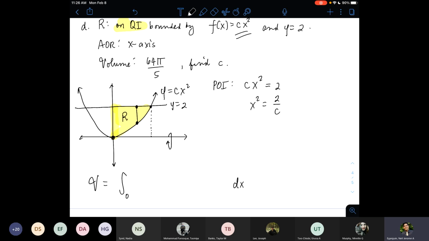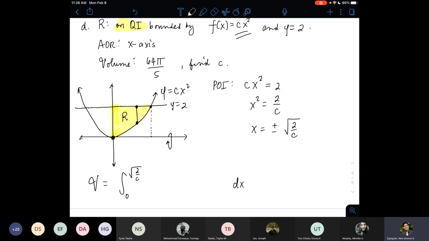That means x is plus or minus root of 2 over c. I'll take the positive root because we are on the first quadrant. So root of 2 over c would be the upper bound for the integral.